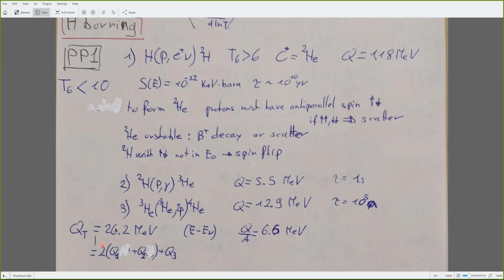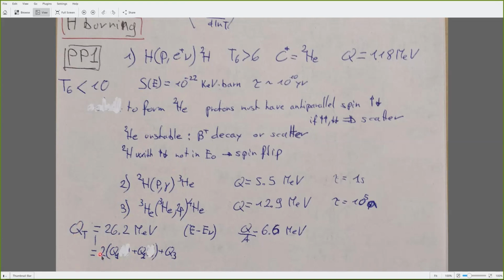At the end, the total Q value, the total energy released by the reaction, without the neutrino that is produced here. All the Q here is considered taking away the neutrino, because they just go away; it is an energy loss completely. To calculate this value, you have to remember that to have the third reaction in the PP1, you need to have twice the first two, because you have to produce 2 helium-3.